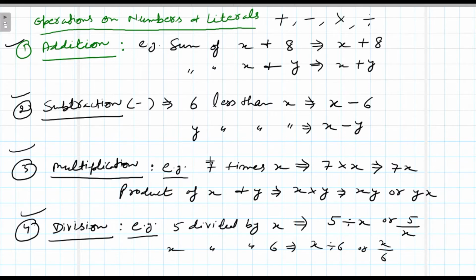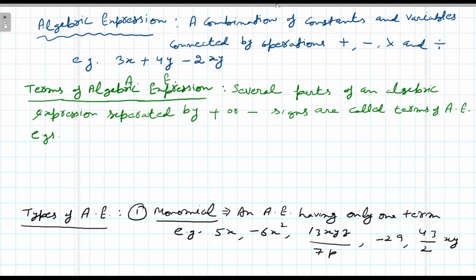Now we will move on to the next basic thing in this chapter. What is that? What is an algebraic expression? If we have to use it again and again, I will use A for algebraic, E for expression.